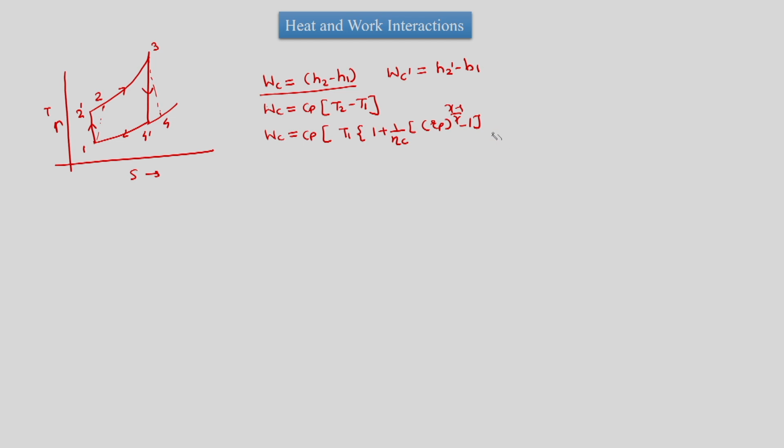So this is just T2, and then we have minus T1. We can take T1 common from everywhere.